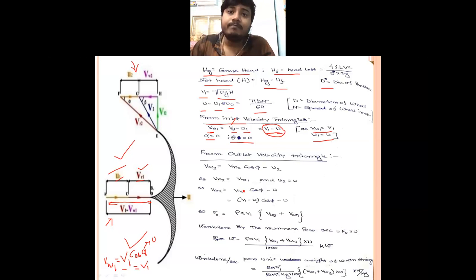Now what is VW2? From here we will get VW2. It is the total portion minus this portion. So VW2 will come from VR2: the horizontal component of VR2 is VR2 cos phi, minus U2.